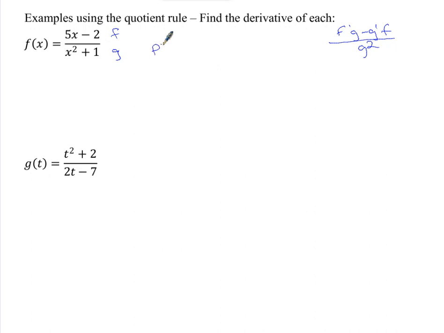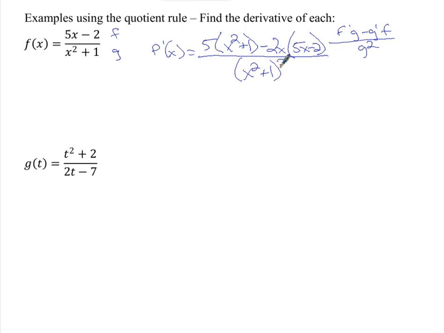F prime of x, the derivative function of our original function, will be f prime, which is 5, times the original g, which is x squared plus 1, minus g prime, which is 2x, times the original f, which is 5x minus 2, all divided by x squared plus 1, g squared. We've taken all the derivatives we need to take. The calculus is over. We just need to simplify this.